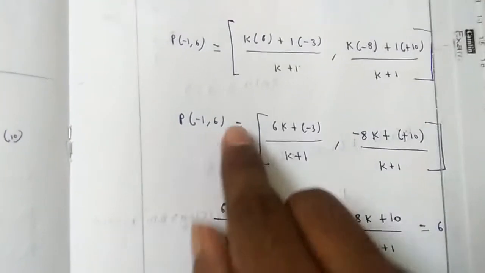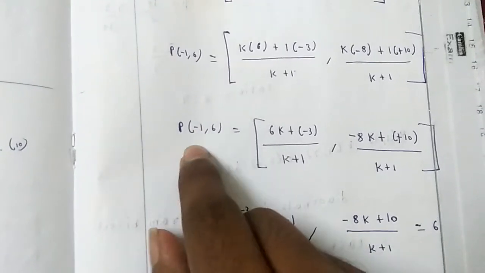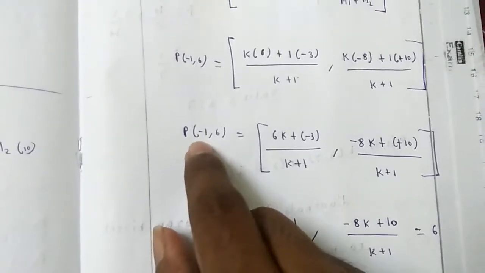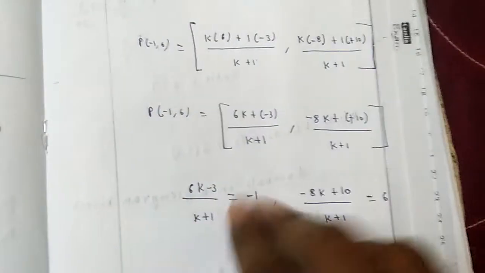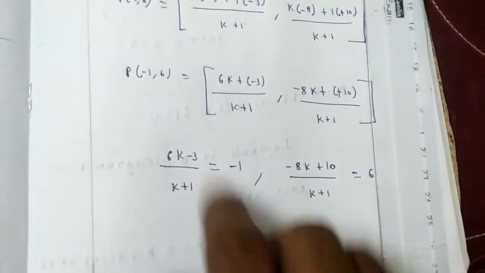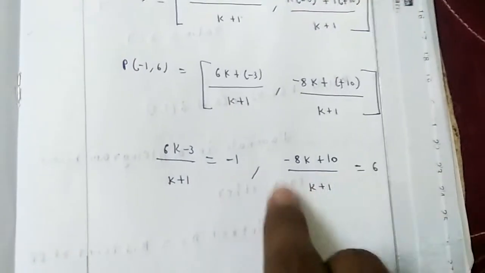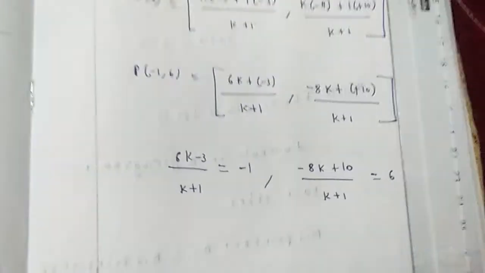This is the first one, equated to the x-coordinate of P, minus 1. The second one is (-8k plus 10) by (k plus 1), equated to the y-coordinate, which is 6.